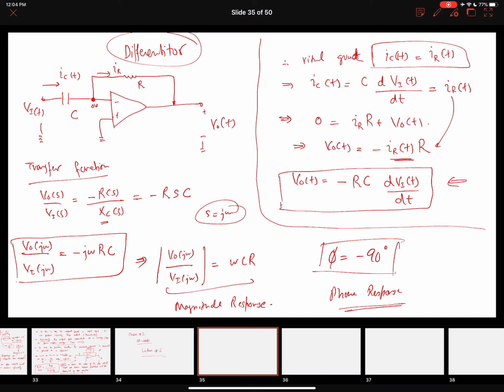As we can see, using the simple inverting configuration, with the resistor in the feedback loop and the capacitor with the input signal, we can easily do the time differentiation of the input signal. This is our differentiator circuit. Here's the magnitude response, and now I am going to draw the Bode plot of the magnitude response.